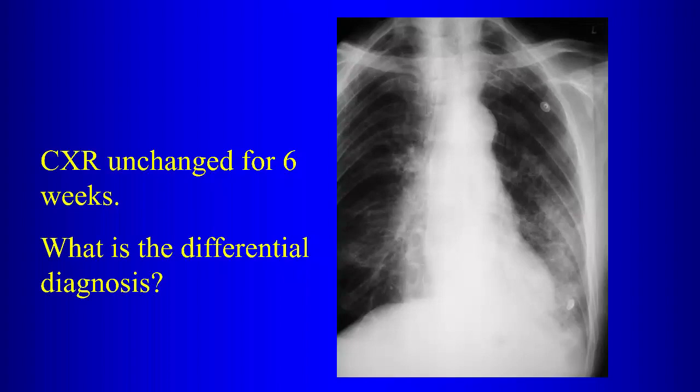What about non-neoplastic? What kind of pneumonias might give you chronic airspace disease? Yeah, organizing pneumonia, except this seems to be unilateral, right? Organizing pneumonia tends to be a bilateral process. Tuberculosis, yeah. So tuberculosis infection can give you chronic airspace disease.